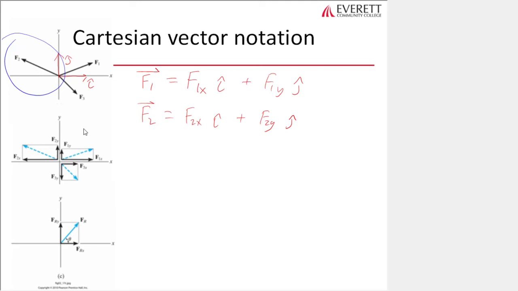And what I recommend is that you store your negatives within your variables. Okay? What do I mean by that? I mean, instead of writing minus f2x i, I would later say that f2x equals negative 5, or whatever it ends up equaling, right?